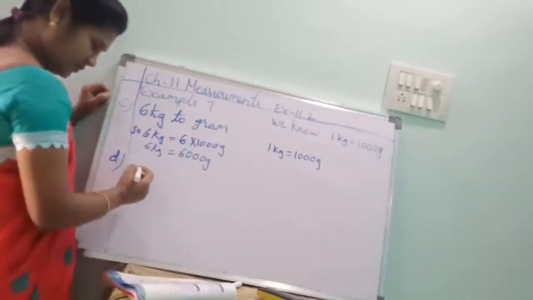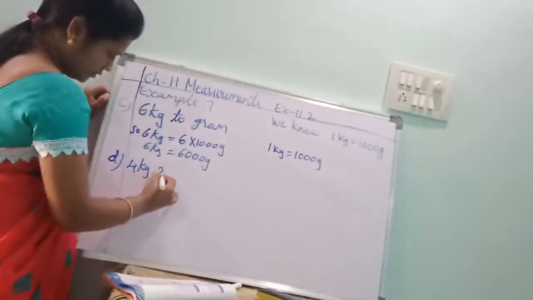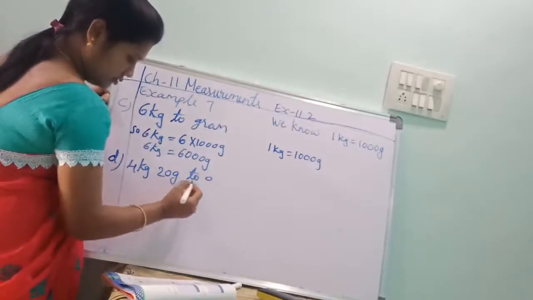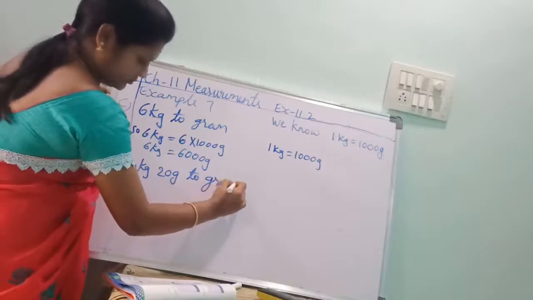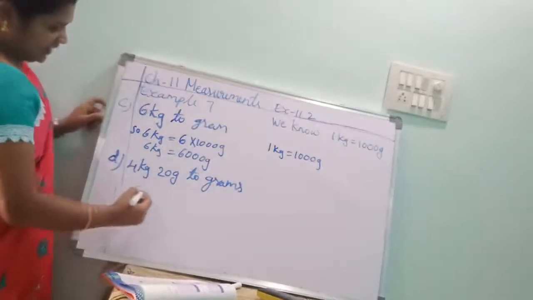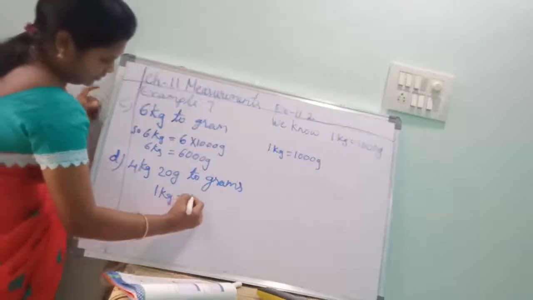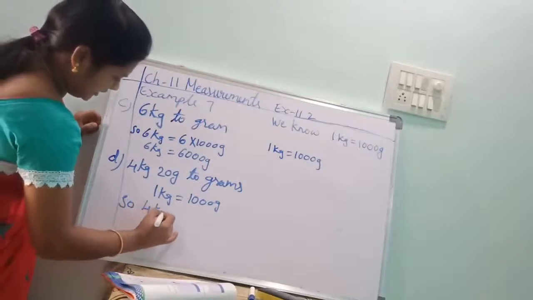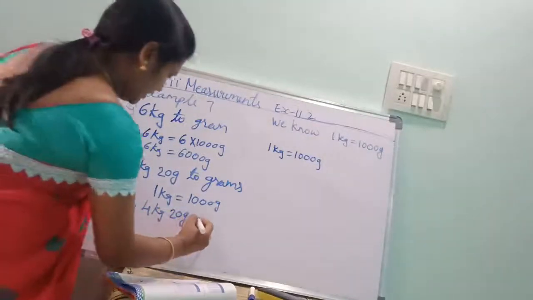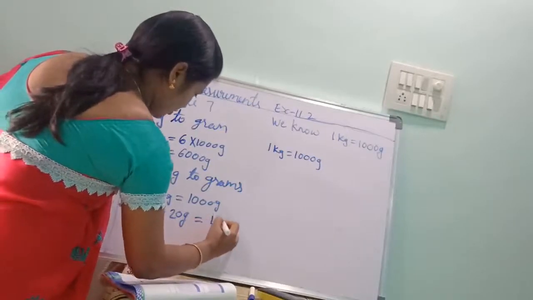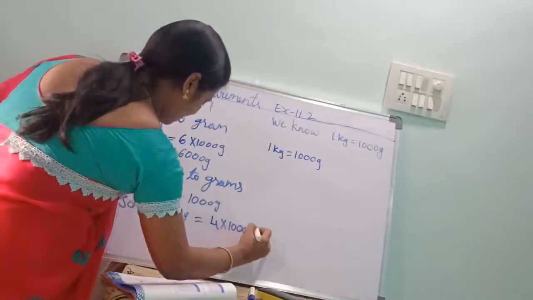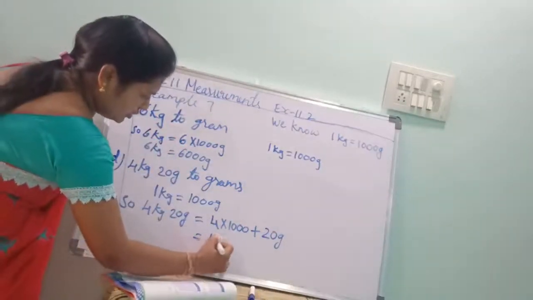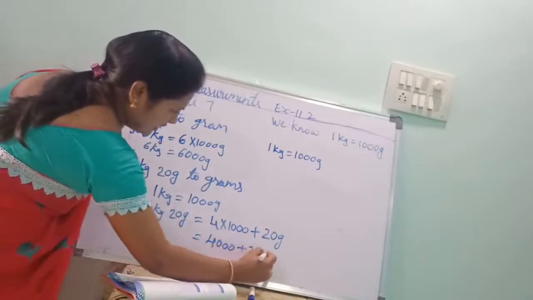Next D1. 4 kg 20 grams. You should convert into grams. Now 1 kg is equal to 1000 grams. You know now? So 4 kg 20 grams is equal to 4 into 1000 plus 20 grams. Now 4000 plus 20 grams.